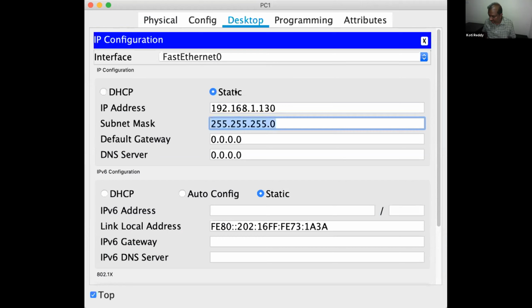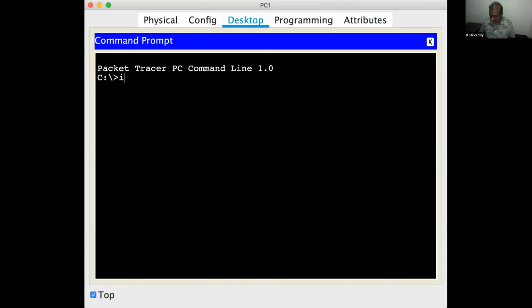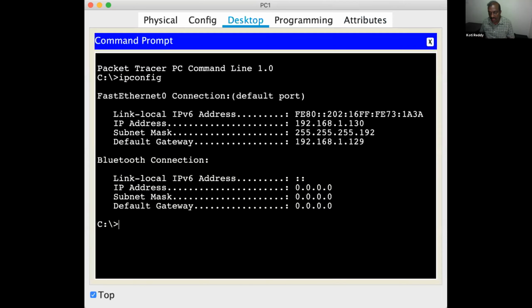The subnet mask is 255.255.255.192 and the default gateway is 192.168.1.129, /26. Again I go to IP config. The IP address is correct.